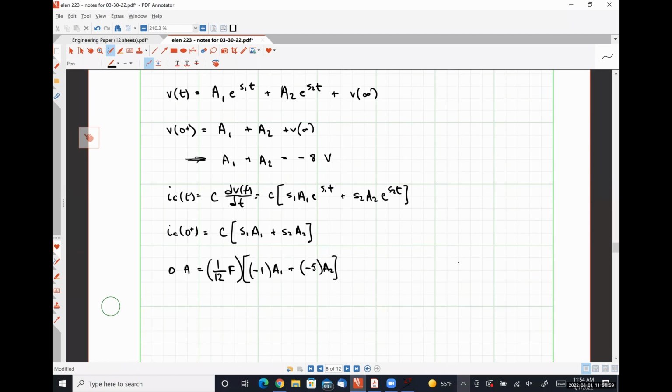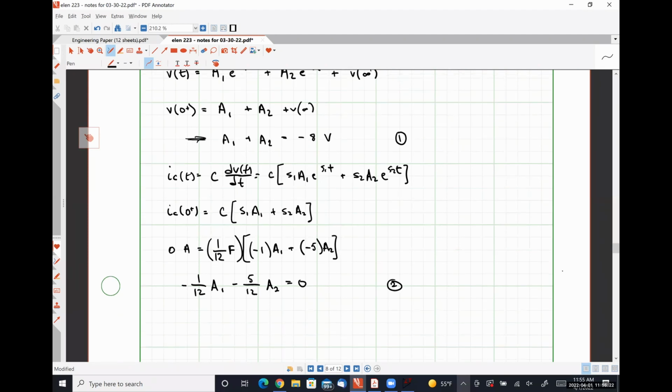So that means that -1/12 A1 minus 5/12 A2 is equal to 0. We have two equations, and we can solve that system. So let's do it.